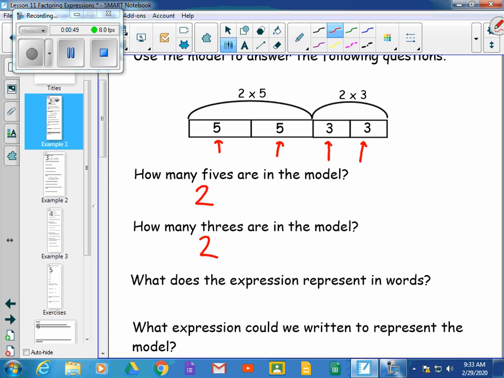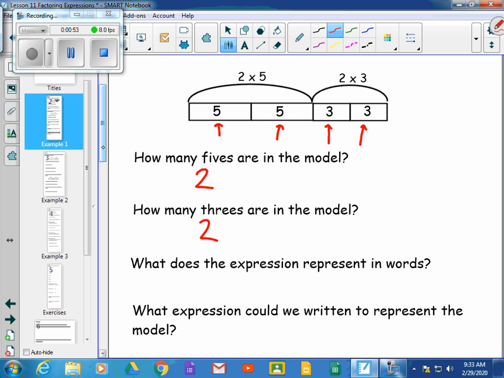So it next wants to know, what does this expression represent in words? Well, notice that we have 2 5s put together, and we also have 2 3s put together. Since we're putting them together, we're going to be doing some adding.